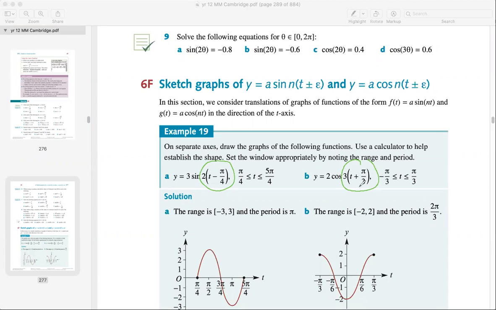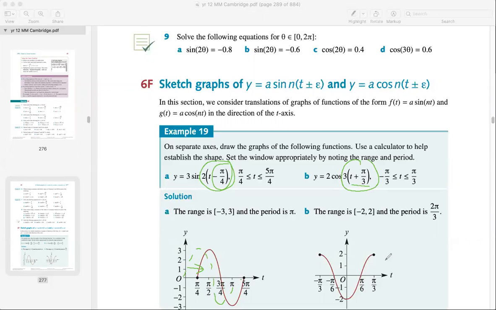Then you can look at if it's minus, it means move to the right. If it's minus, it means move to the right. In here, t minus pi on 4, so it's moved to the right for the original function.